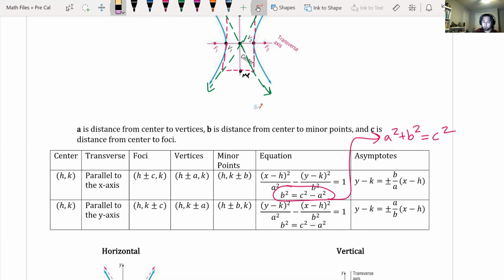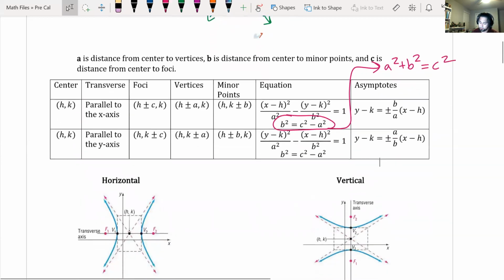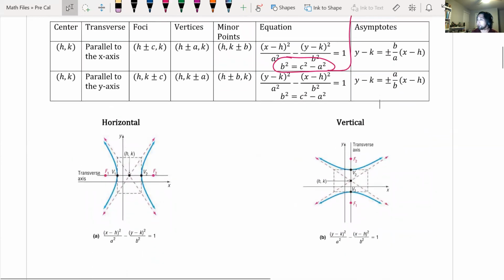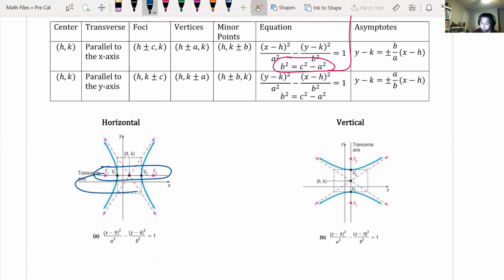Okay. Here are more pictures of what horizontal and vertical hyperbolas look like. So your horizontal, if you are parallel with the x-axis. So here's a transverse axis, the one that carries the center, the vertices, and the foci. It's parallel to the x-axis, so your hyperbola will open left and right.